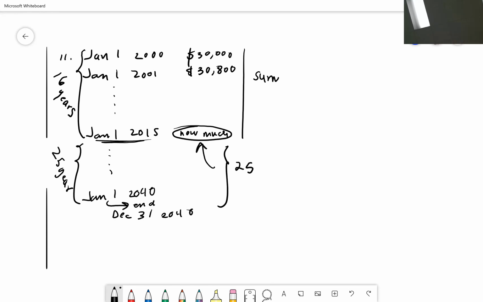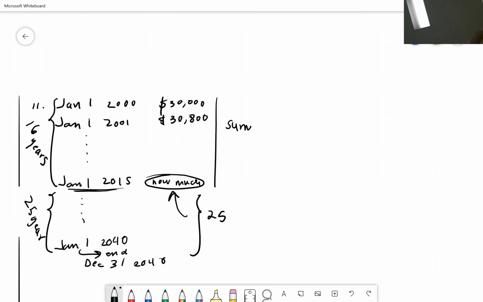So it's two problems. We're going to have basically a sub 1 is 30,000 here, right? The difference here is 800, and the n here is 16. Now to find this guy here, it would be a sub 16 equals 30,000 plus 16 minus 1 times 800.